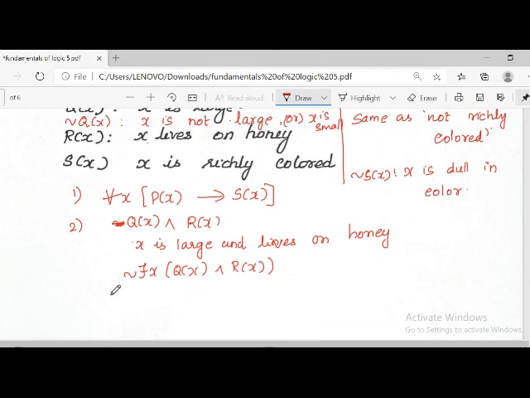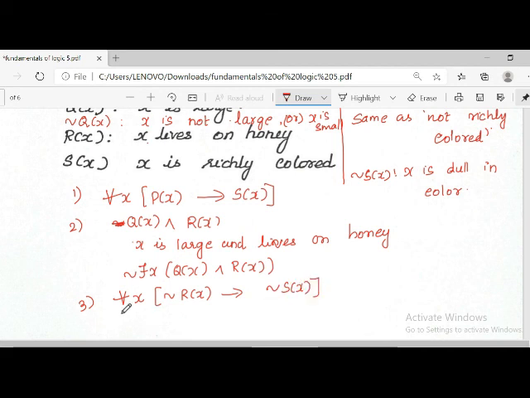So I can rewrite the sentence as for all x, negation R of x implies negation S of x.